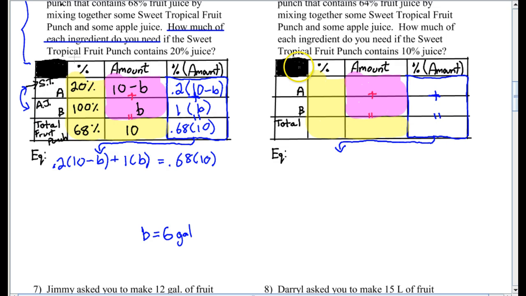So the last thing you need to do for each one of these, after you solve this, is actually say, what does this mean? Not just say the answer is 6. What does that mean?